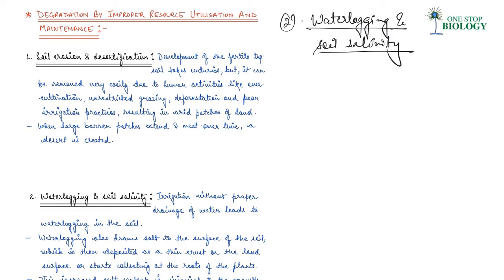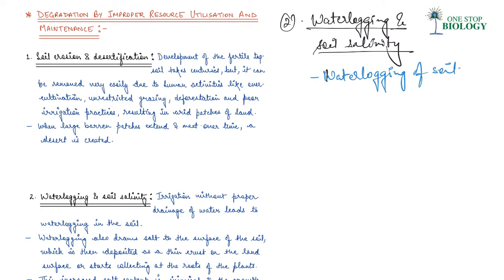Now we said in the previous point that poor irrigation practices. So if irrigation is done without proper drainage of water, that leads to water logging of soil.